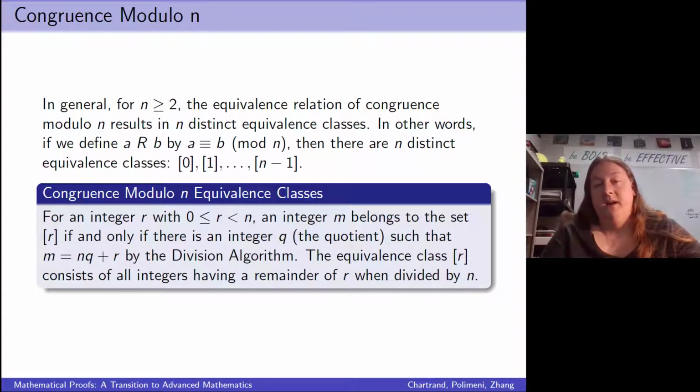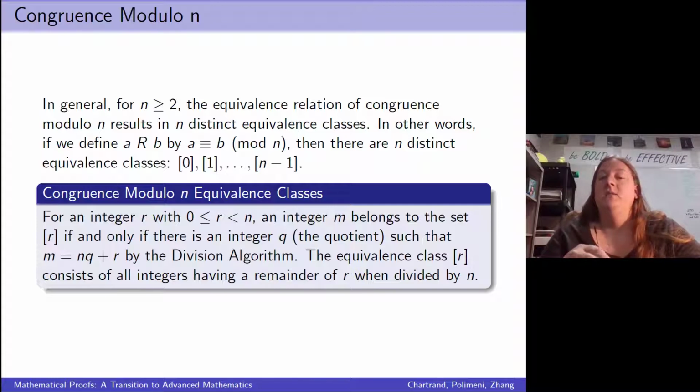Now, when we're thinking about the elements in these equivalence classes, say we have an integer r with 0 less than or equal to r less than n. So r is one of these elements that's defining an equivalence class.